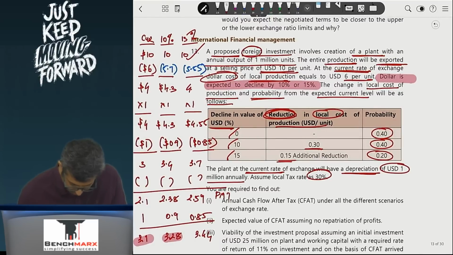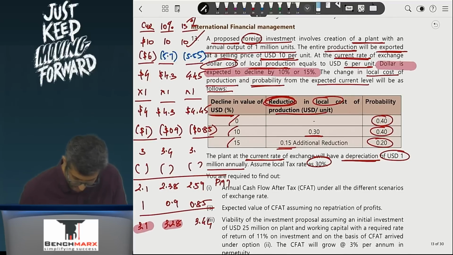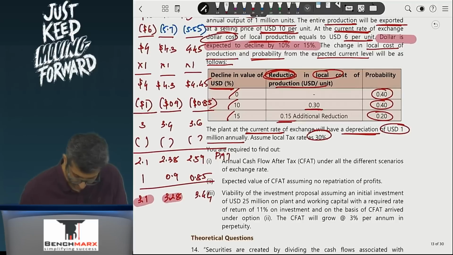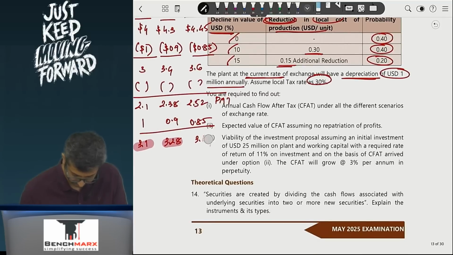This is 4.45. 4.45 minus 0.85, 3.6. 3.6 minus 30%. This shortcut leads to mistakes. 2.52 plus 0.85, 3.37.